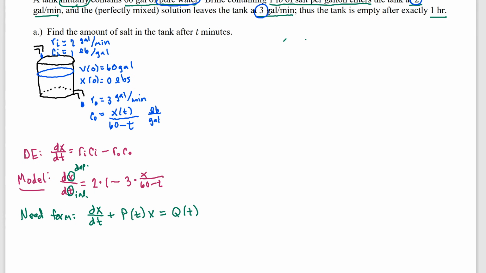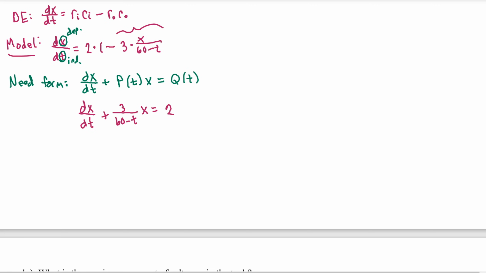So rearranging the given model, we're going to get dx over dt. I'm going to add this term to both sides, plus 3 divided by 60 minus t times x equals leftovers, 2. Remember, the differential equation must be in that form in order to properly identify our integrating factor. So let's go ahead and do that.